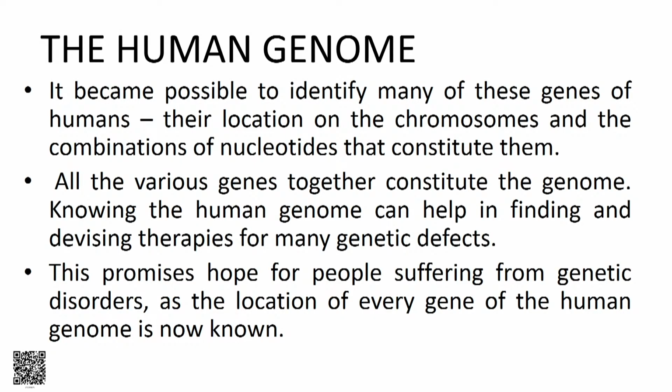All the various genes together constitute the genome. Knowing the human genome can help in finding and devising therapies for many genetic defects. This promises hope for people suffering from genetic disorders, as the location of every gene of the human genome is now known.